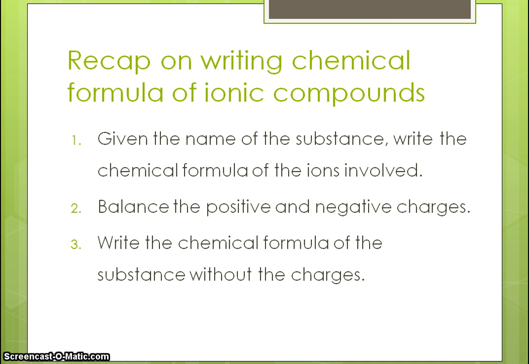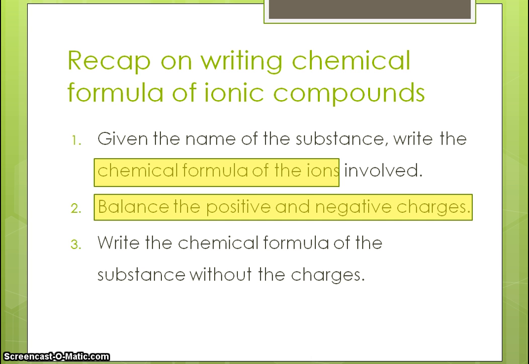Okay, now let us do a quick recap on the writing of chemical formulas of ionic compounds. If you are given the name of the substance, you are required to write the chemical formula of the ions involved. That's the first step in writing the chemical formula of an ionic compound.